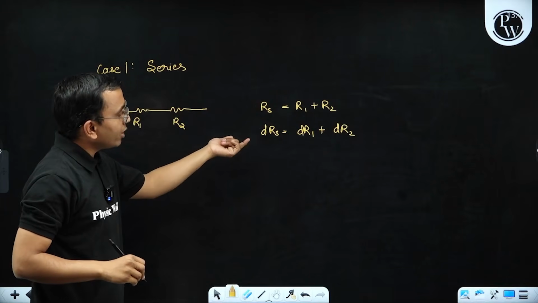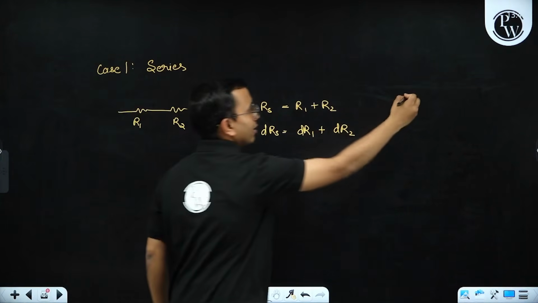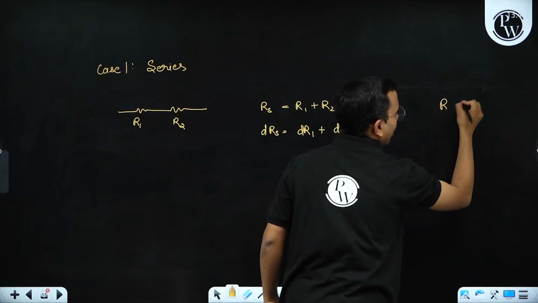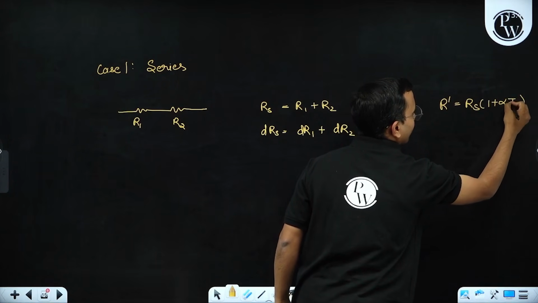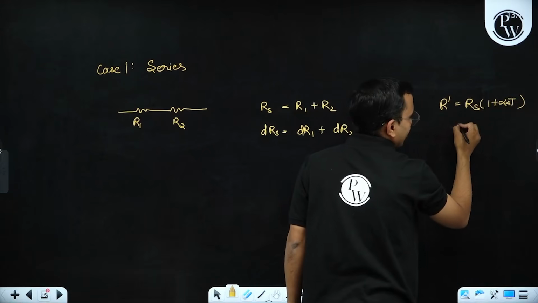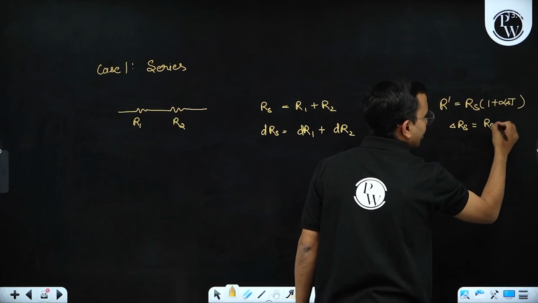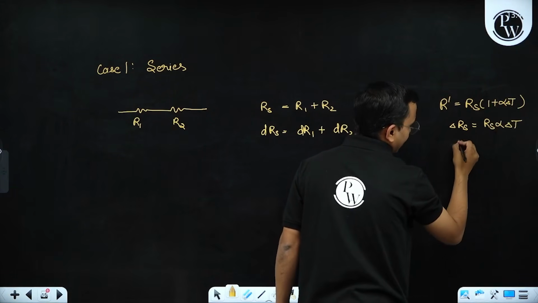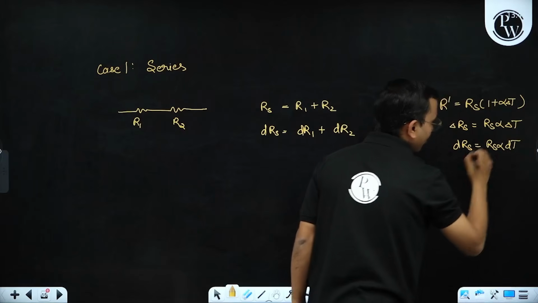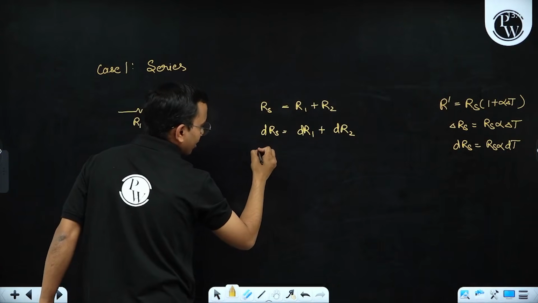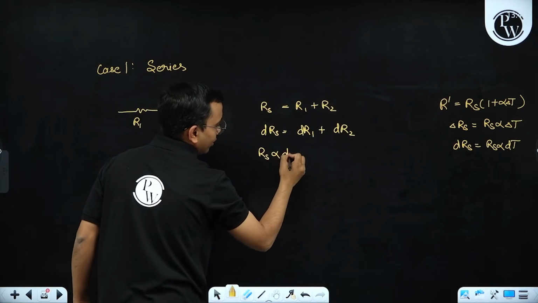Now what will dRs be if I increase the temperature by delta T? We know that R dash will become RS into 1 plus alpha delta T. So basically dRs is how much it increased, that is RS alpha delta T. So dRs is RS into alpha into dt.